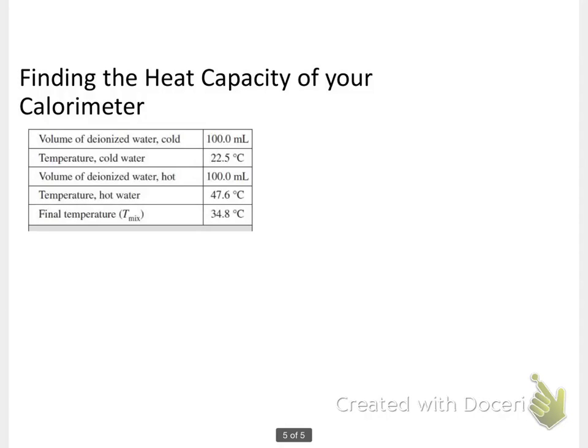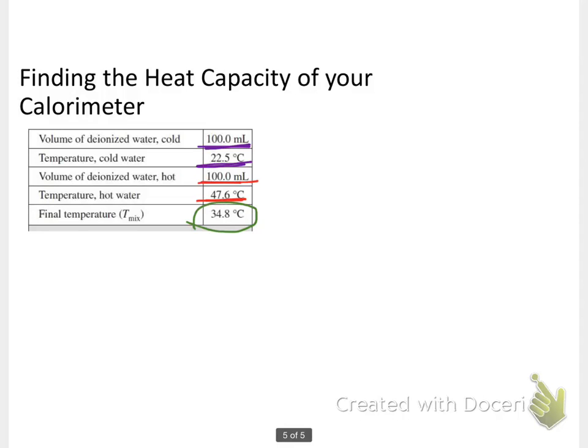I started with 100 grams of water at 22.5 degrees C. Then I add to that 100 milliliters of hot water at 47.6 degrees C. When they come together and equilibrate, I end up with a final temperature of 34.8 degrees C. Let's do some math.